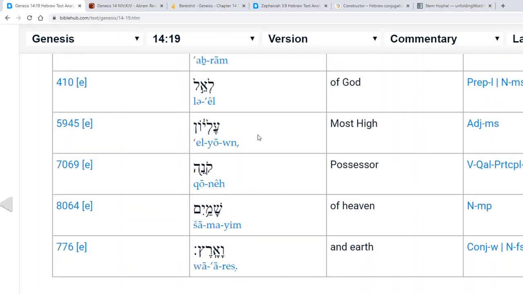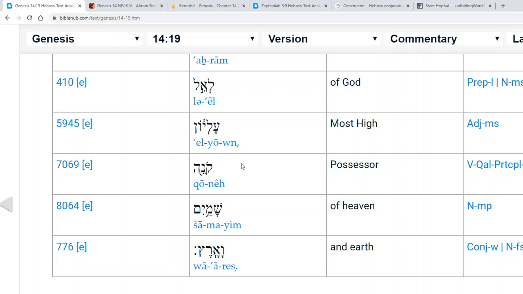Koneh shamayim va'aretz. So the root here is Qof Nun He. It's in the present tense. Liknot, to buy. Qof Nun He, to buy or to acquire or to possess. Koneh shamayim va'aretz.